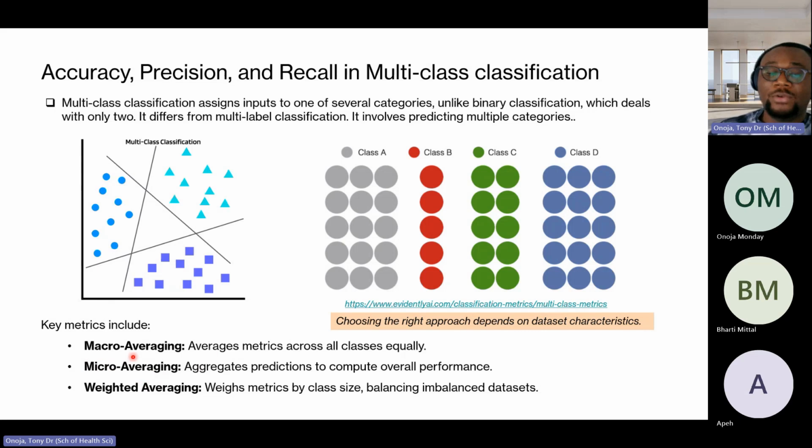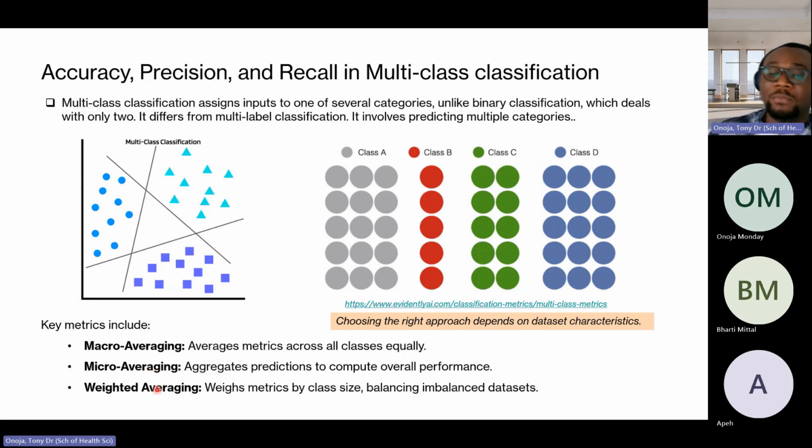Now, the macro averaging averages the metrics across all the classes equally. So when you are looking at recall, precision, F1 and all that, you consider all of them that are being scored, aggregate them, and then take the average at the end of the day to see what you have.